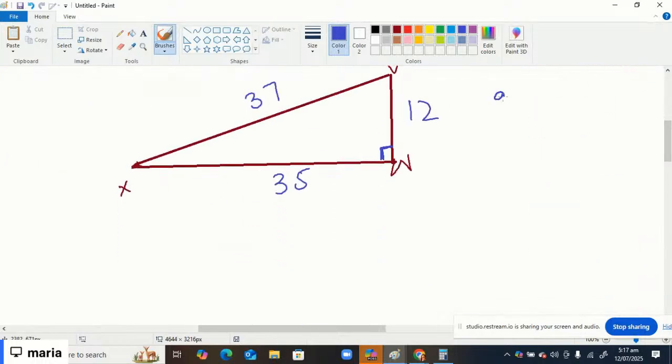Now, what is adjacent? 12. What is opposite? 35. What is hypotenuse? This is 37. Now we are going to find out cosecant of V.